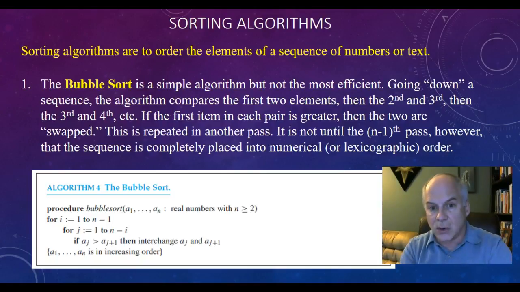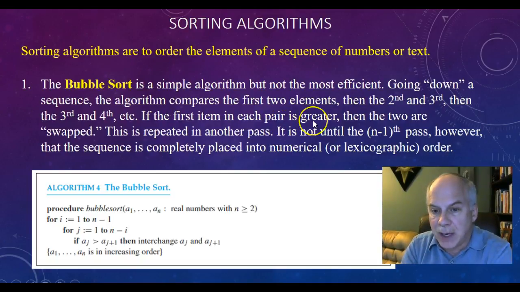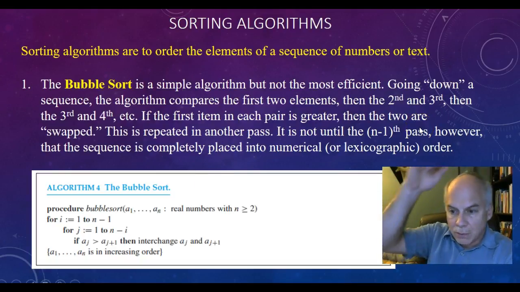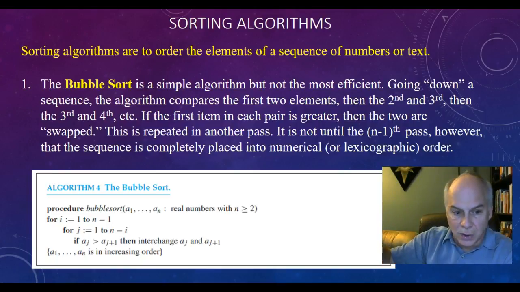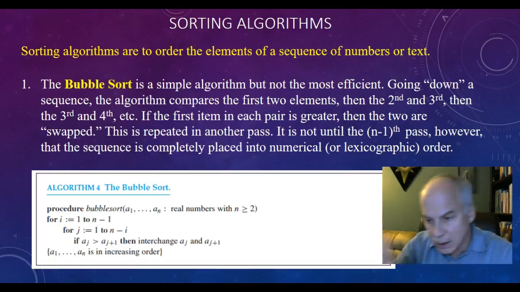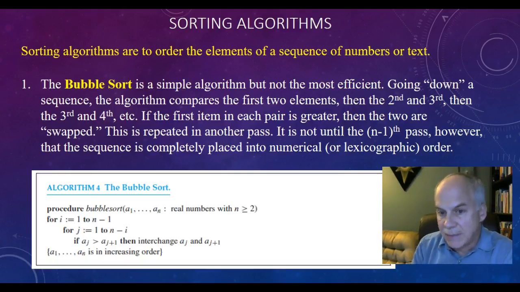So if the first item in each pair is greater, then the 2 are swapped. This is repeated in another pass. So you go from 1 to n, and then you go from 1 to n minus 1, and so on. You're always going 1 less every time, but you're going through it many times.